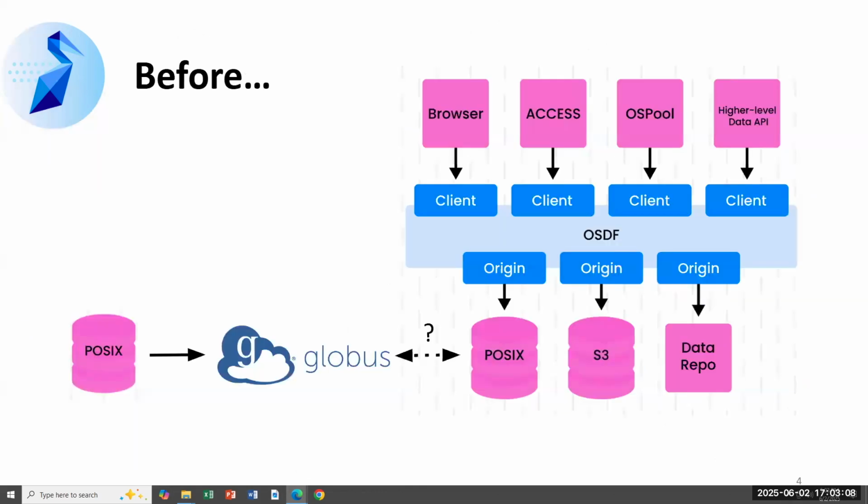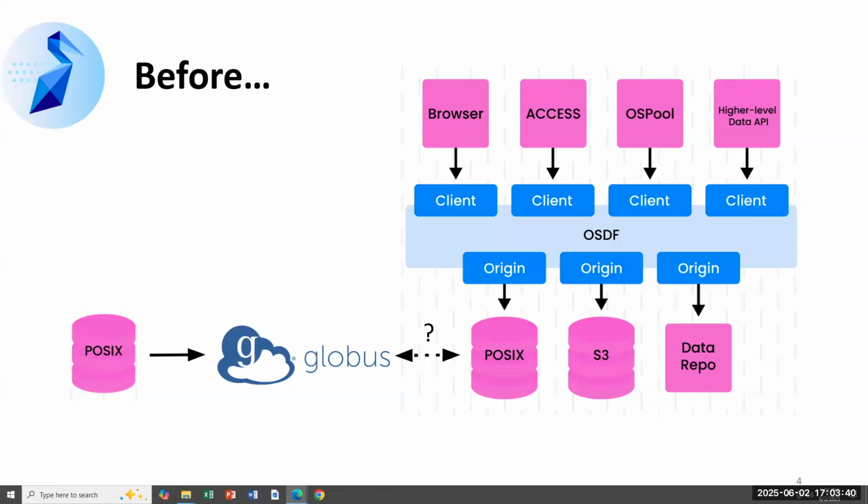To give a concrete illustration of the issue today, let's say you're trying to access data through Pelican from one of our clients, the browser or OS or something else, and you have a data store, something like POSIX in this diagram, that's isolated from the Pelican instance but backed by a Globus endpoint.